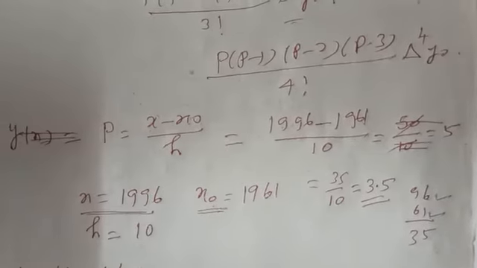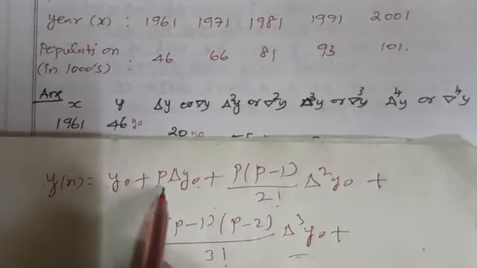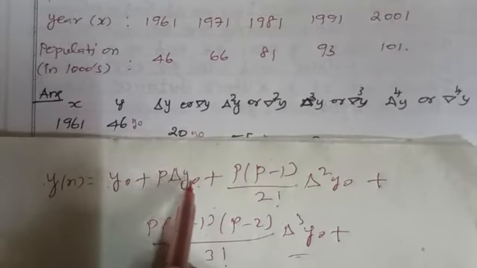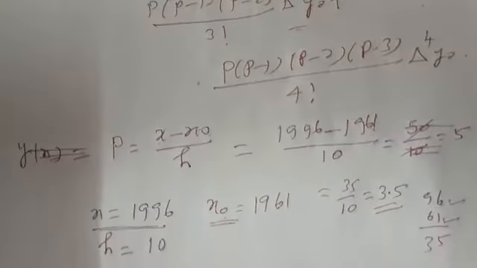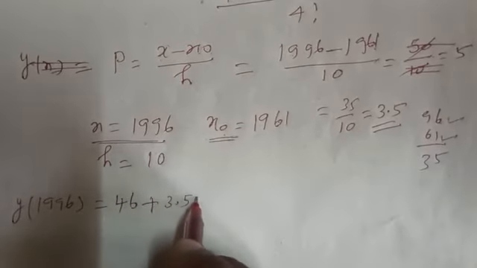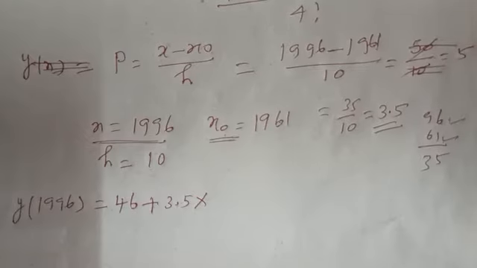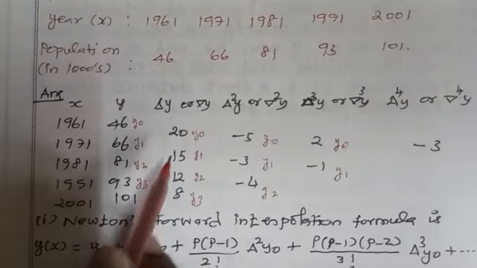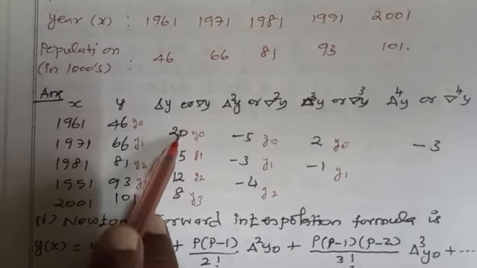Now in the formula, p into delta y naught: the p value 3.5 into delta y naught. Delta y naught value is 20.